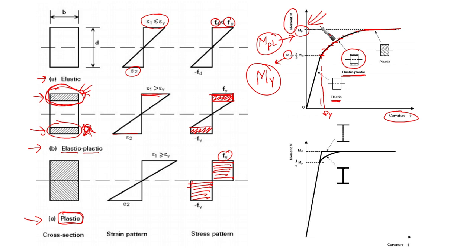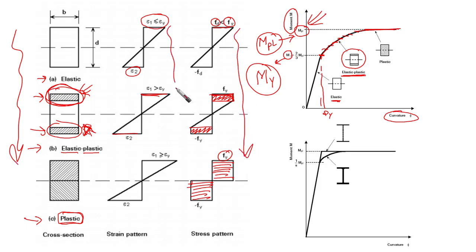These stages are very important for us to understand. Whenever you look at the stress pattern or the strain pattern, the cross section in the elastic range utilizes the whole elastic behavior of the section.